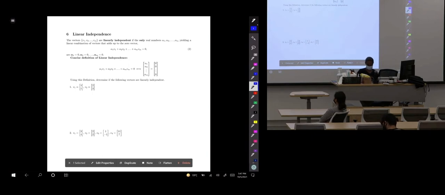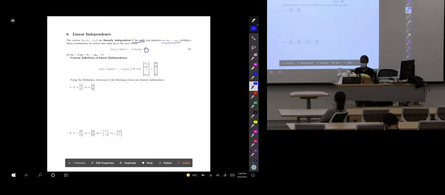We say that vectors v1, v2, and so on are linearly independent if and only if the only real numbers alpha 1, alpha 2, and so on, yielding a linear combination of vectors that adds up to the 0 vector. What does that mean? That means that if I had vectors v1, v2 up until vm, the only real numbers, alpha 1, alpha 2, up until alpha m, that yield a 0 vector here are 0 themselves.